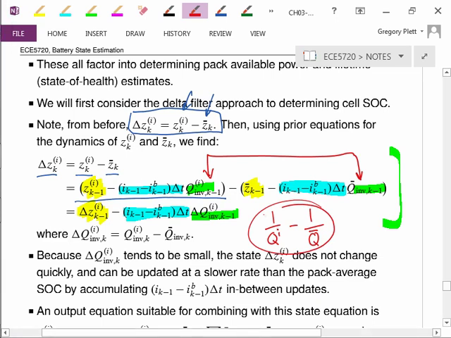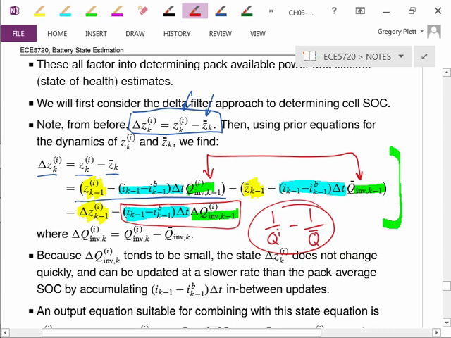And because it's almost 0, that means that the update I make to my delta state of charge is also going to be very small. So if one cell is 1% away from the pack average, but all of the capacities are exactly the same, then the delta never changes. It's always 1% away from the pack average.